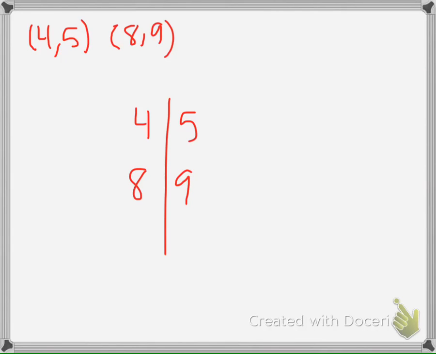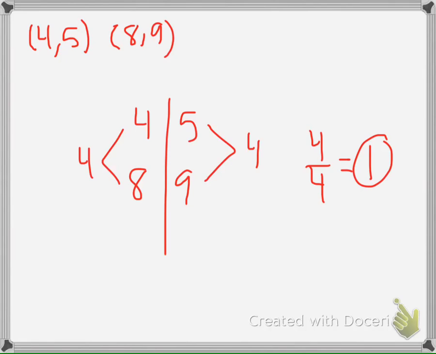Okay, from 5 to 9 is 4, and from 4 to 8 is 4. I do rise divided by run, change in y divided by change in x. 4 divided by 4 gives me 1, so my slope is 1. Now that means that every time the x is going up by 1, the y is going up by 1.